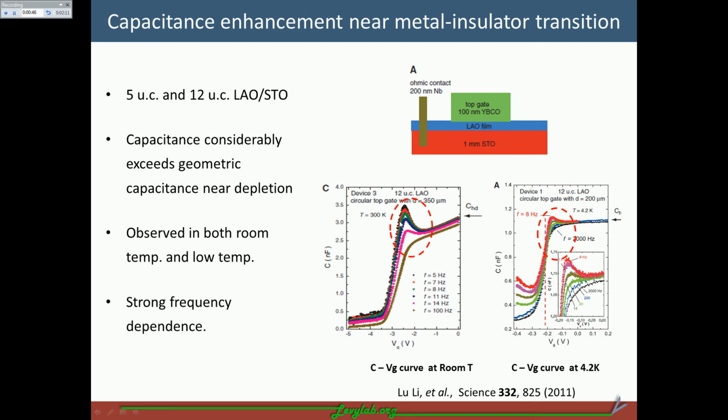Such observation happened both at room temperature and at low temperature. This capacitance enhancement phenomenon also shows a strong frequency dependence. As the excitation frequency increases, this capacitance upturn will get suppressed.